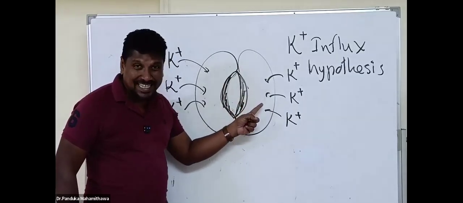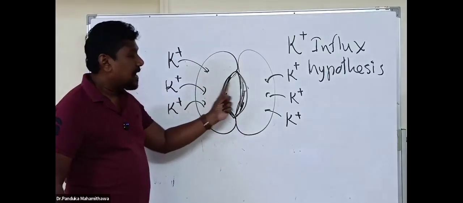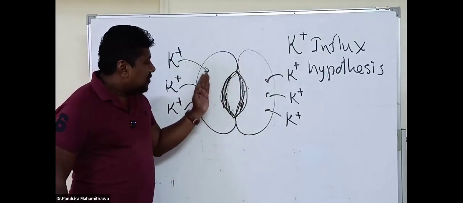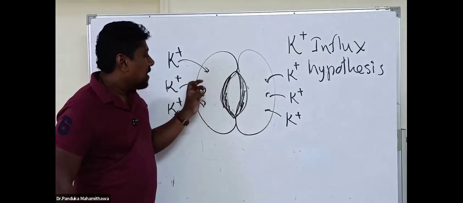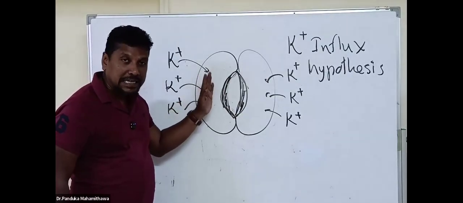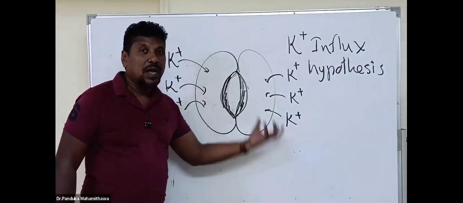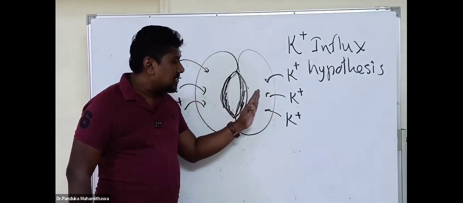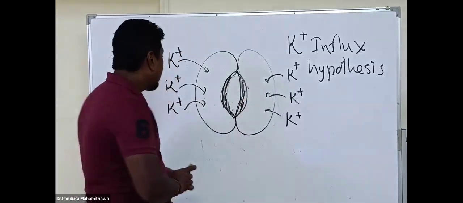The solute concentration increases in the guard cells compared to the surrounding cells. When the solute concentration is increased, what happens? The water potential decreases, and therefore water also tends to come into the guard cells, because the water concentration goes down here, or the water potential goes down, right?